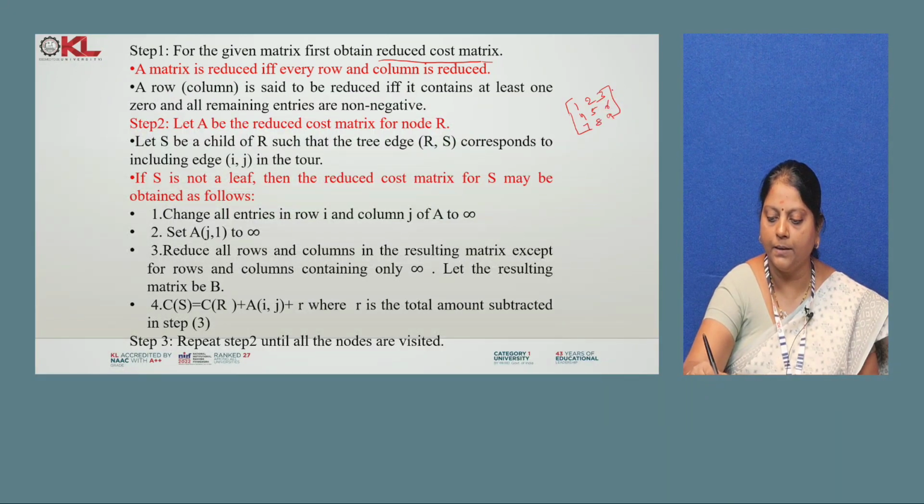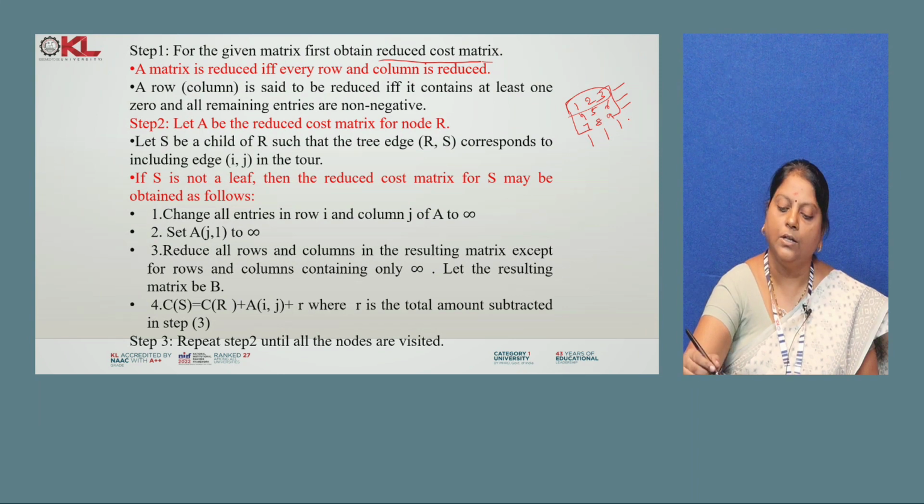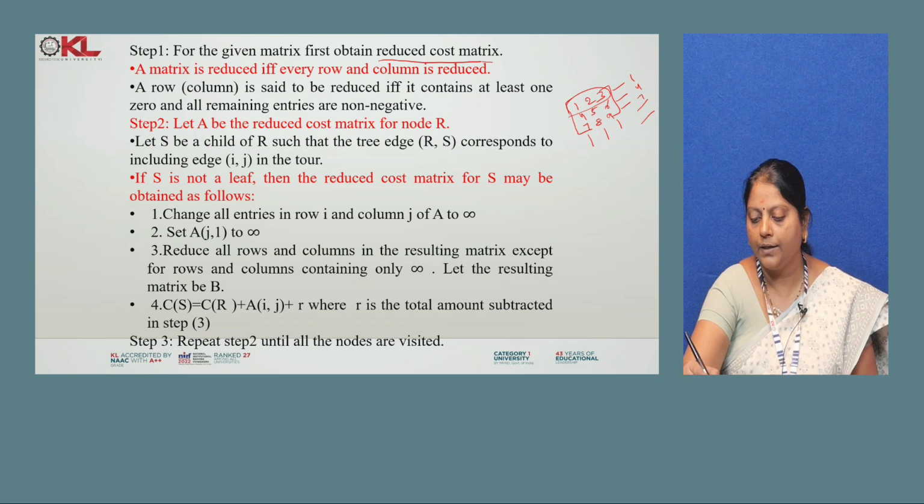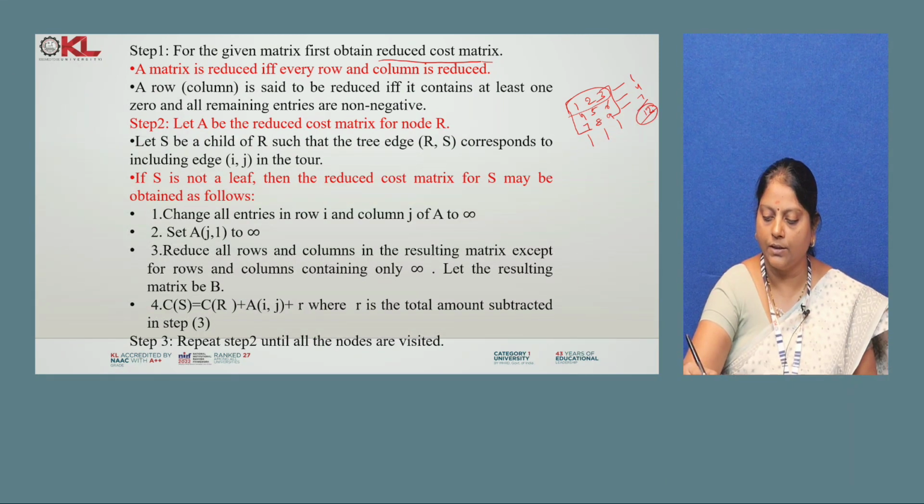We have to examine each row and each column. There must be at least one zero element. In the first row all elements are non-zero, the second row also non-zero, and the third row also non-zero. So we find the minimum element in the first row, that is 1, in the second row 4, and in the third row 7. We sum up all these reduced values: 4 plus 1 is 5, 5 plus 7 is 12. So the row reduced cost is 12.